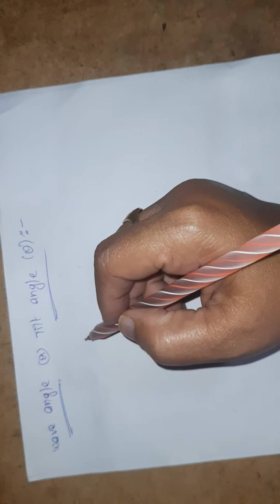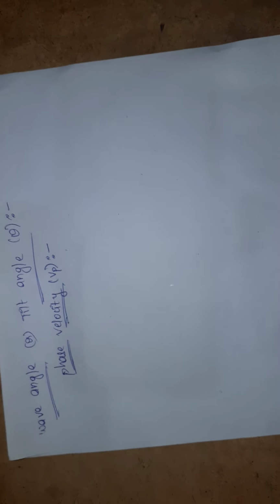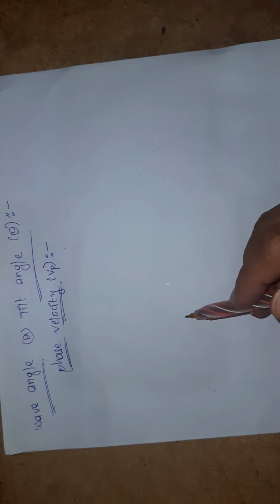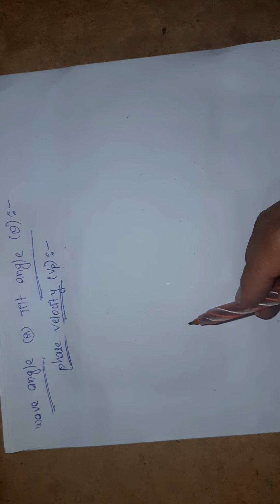The phase velocity is represented by Vp. The derivation is the same for these titles: wave angle or tilt angle, and phase velocity Vp.